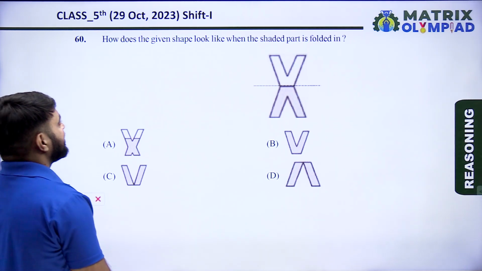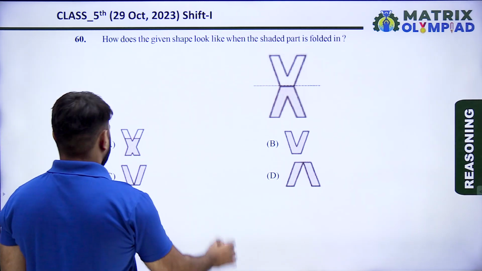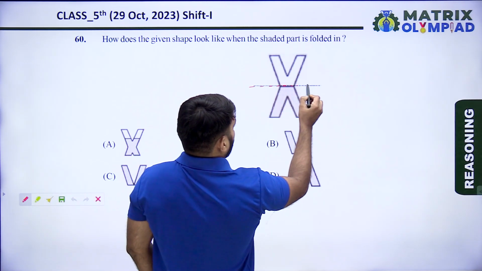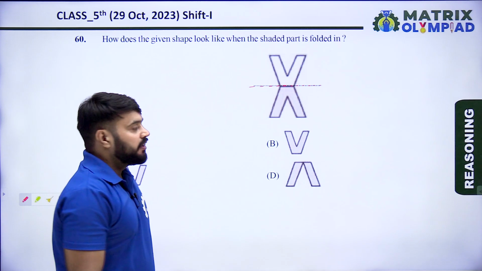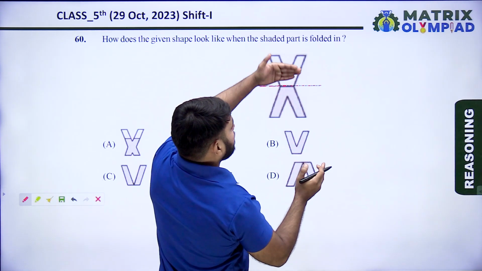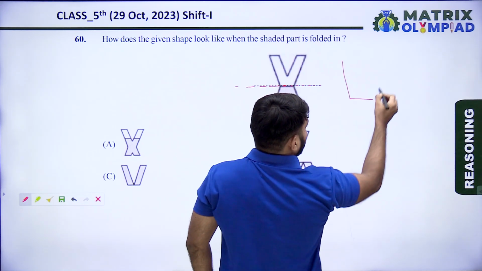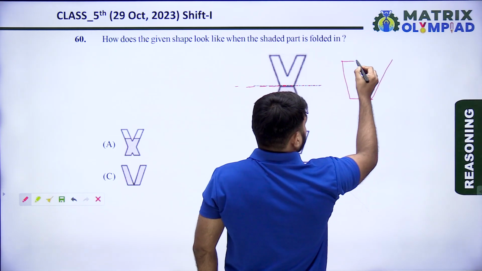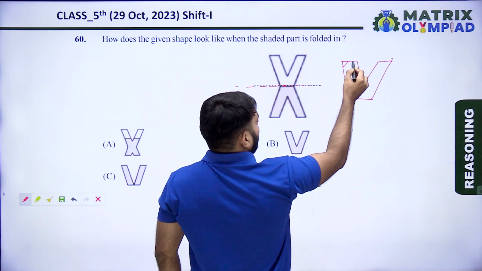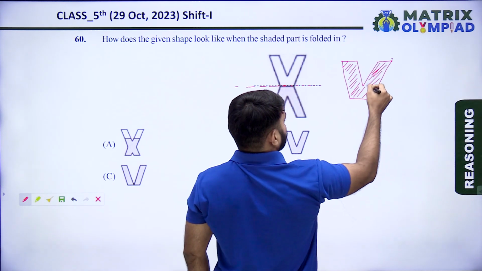How does the given shape look when the shaded part is folded in? So find the folded part of the given image. When the given image is folded along the dotted line, then the image looks like as follows.